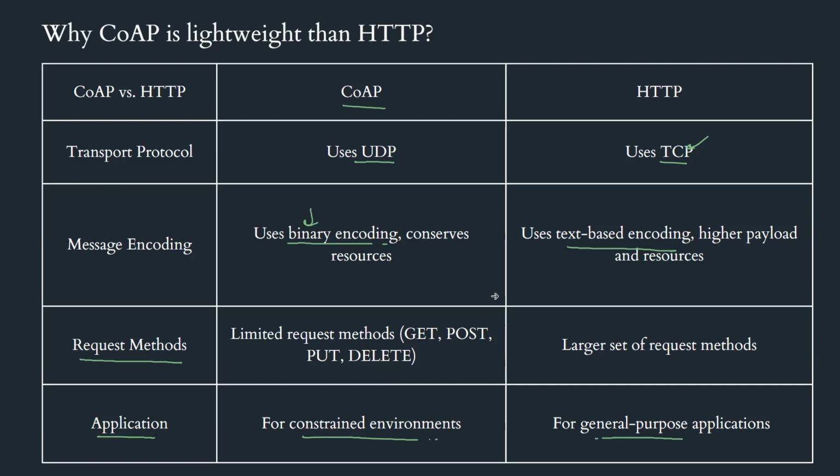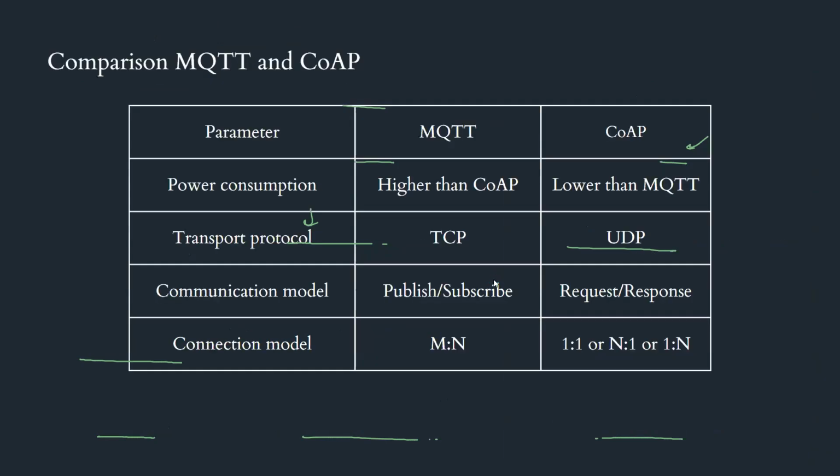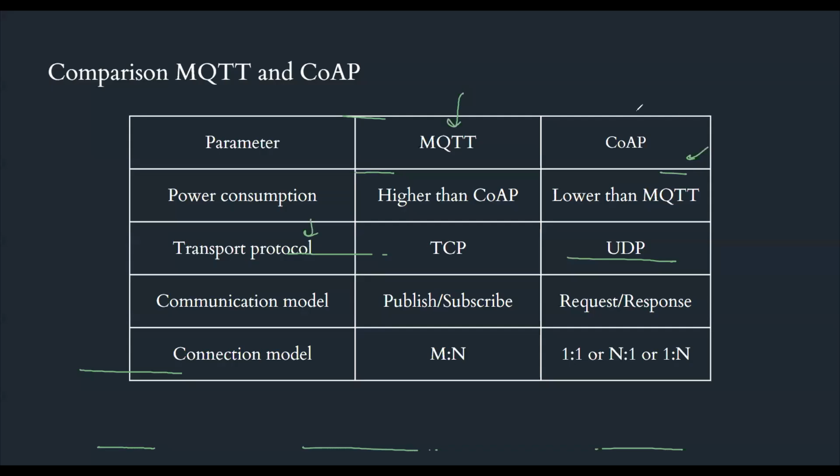So when we talk about CoAP and MQTT protocols, in MQTT we have more reliability of data transmission than CoAP. But once we are using the MQTT protocol, we have higher power consumption, because we are doing more communication between our clients and our broker.